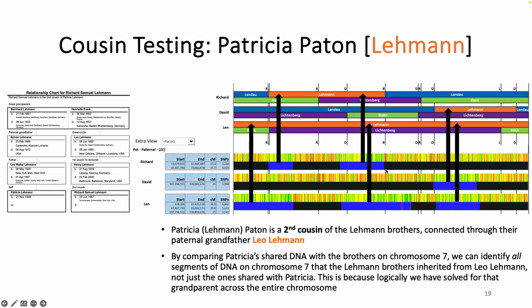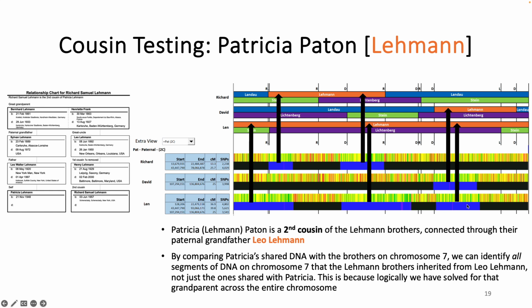But clearly there was a recombination point that Richard owns right here, and he's switching again between paternal grandparents, from Lehmann now to Landau. And he has no other recombination points along the paternal chromosome after this. So we can see how using these cousin relationships can help solve very quickly for the different grandparents. And what's important is that we're not just identifying segments that are from these specific segments.